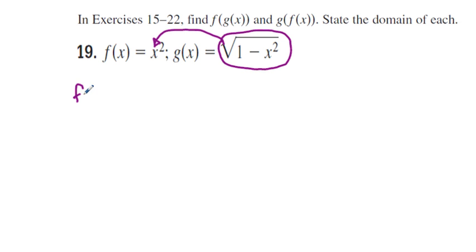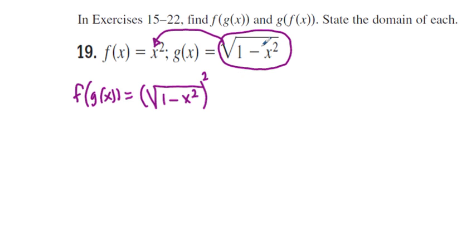So f of g of x is equal to the square root of 1 minus x squared, squared.